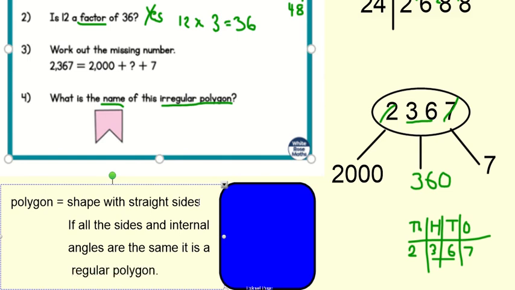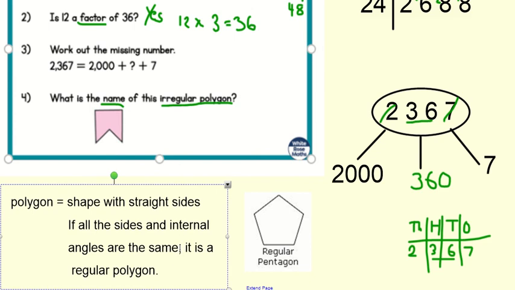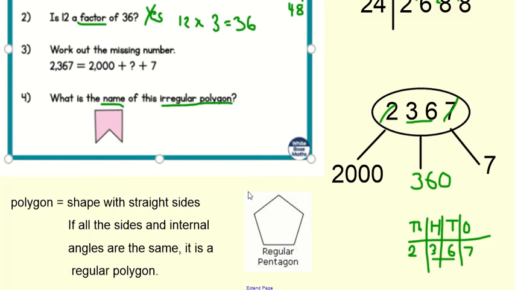So let's have a look at what that means then. Okay, I've got a regular 5-sided shape here. Okay, so all the sides are straight. Sorry everybody, that little bit of grammar is bugging me there, especially because we did subordinate clauses. Some of you are doing them this week.